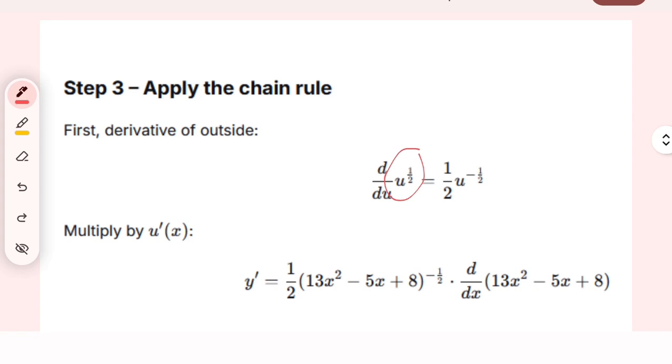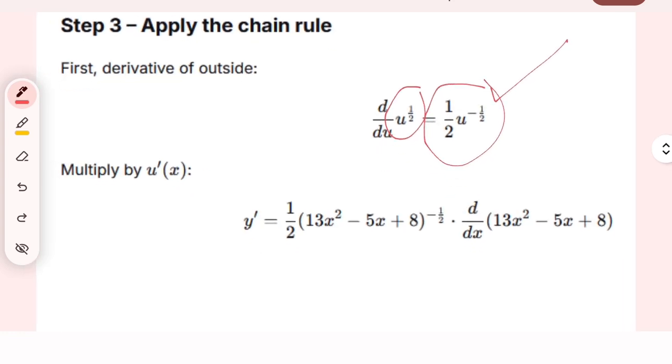That's the outside function. And the derivative of u to the power of 1/2 is 1/2 u to the power of negative 1/2. Right?